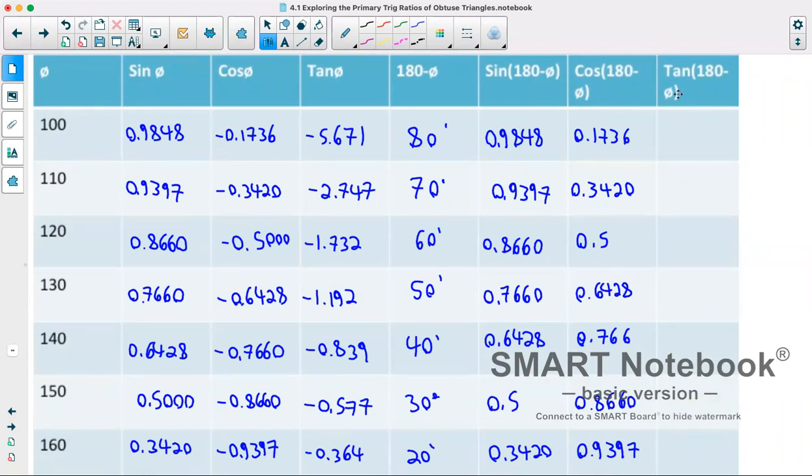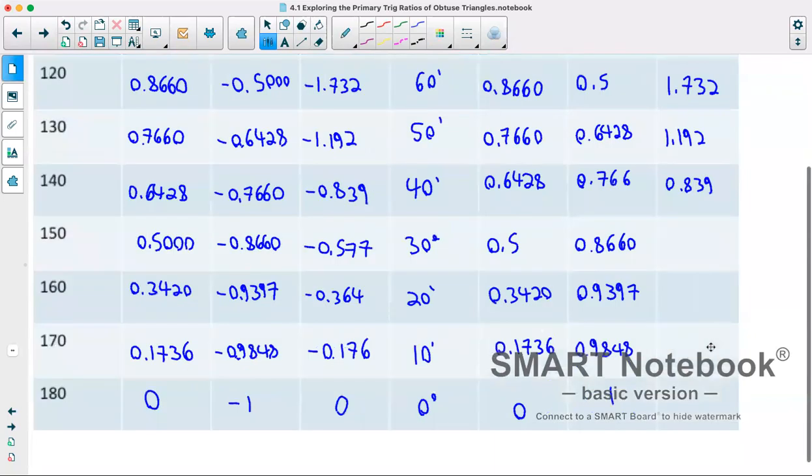Next, we'll look at tan of 180 minus our angle. So the first one we'll have is tan of 80, which is 5.671. Tan of 70 is 2.747. Tan of 60 is 1.732. Tan of 50 is 1.192. Tan of 40 is 0.839. Tan of 30 is 0.577.